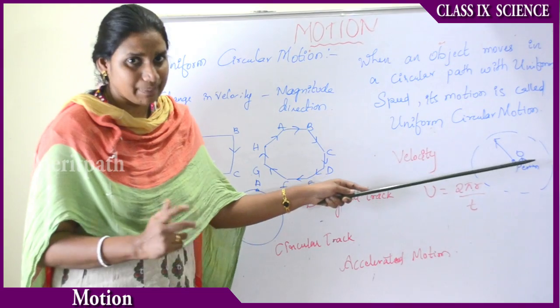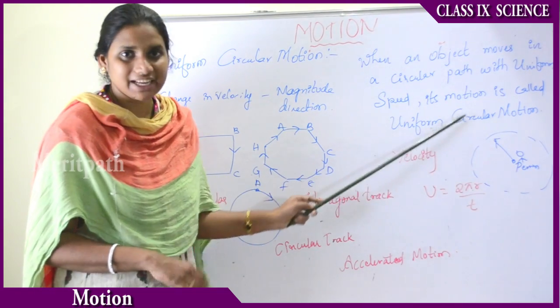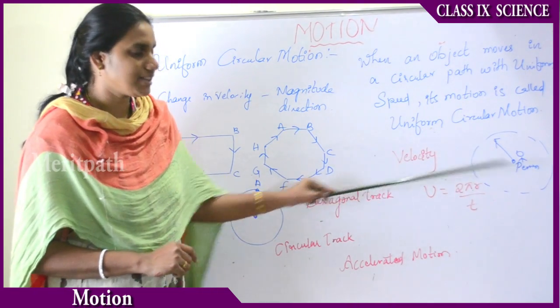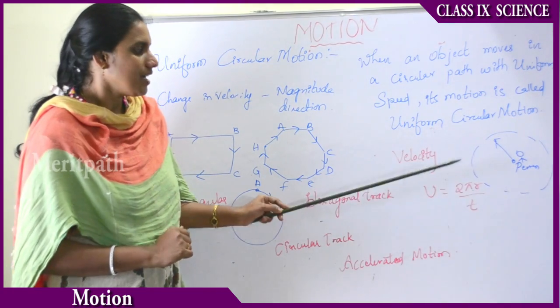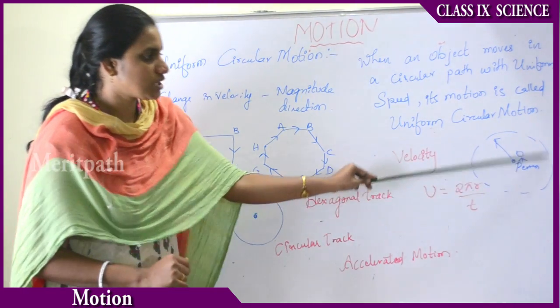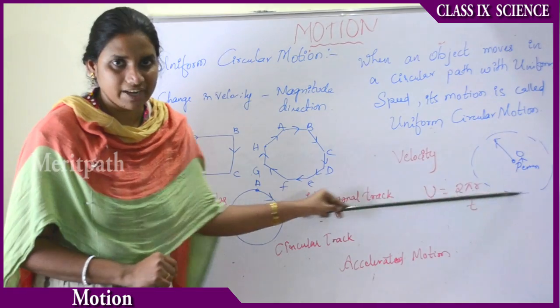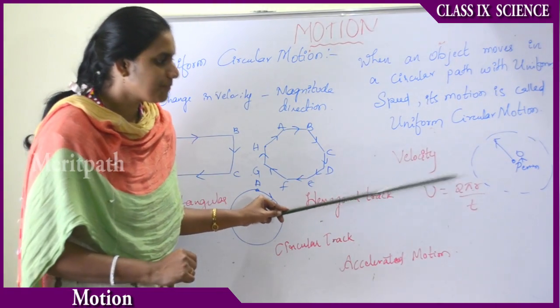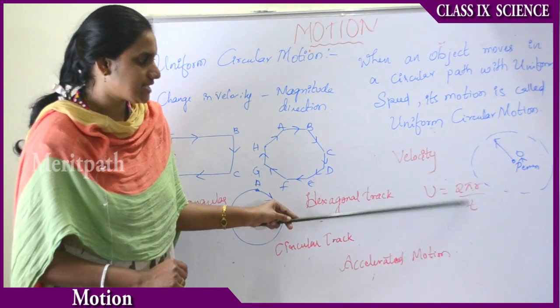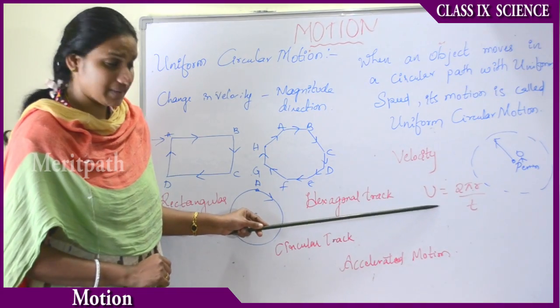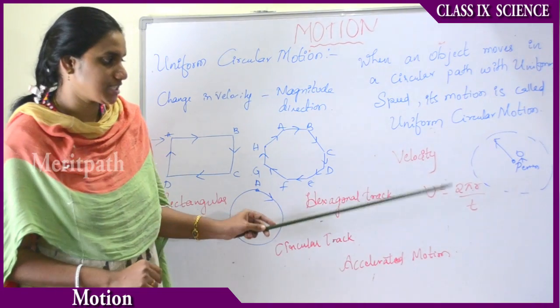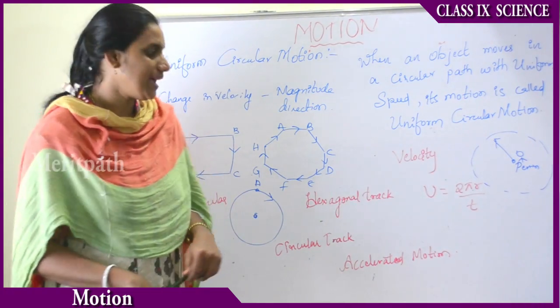The area of a circle is pi r square, and with radius r, the circumference will be 2 pi r. Therefore velocity equals the total distance covered, that is the total circumference of the circle, 2 pi r, by the total time taken, that is t. Here we are representing the uniform circular motion velocity: v equals 2 pi r by t.